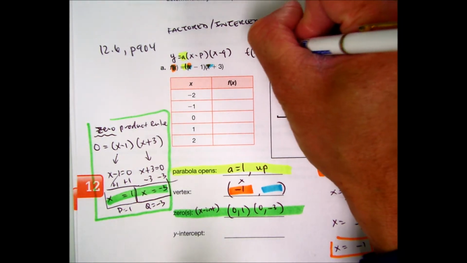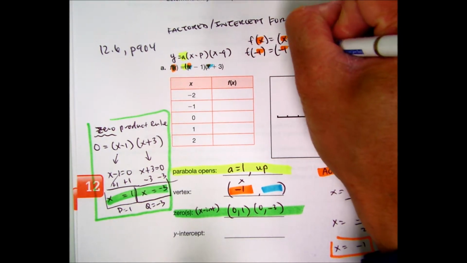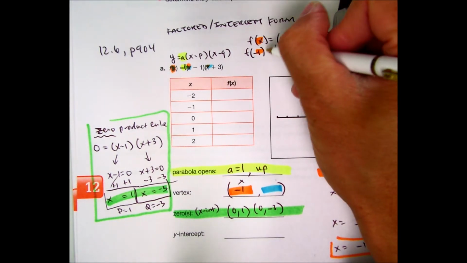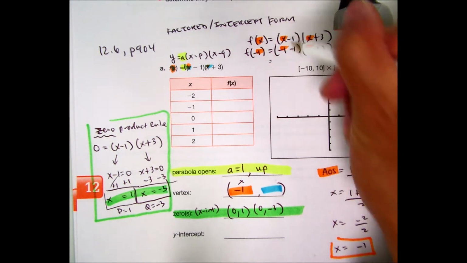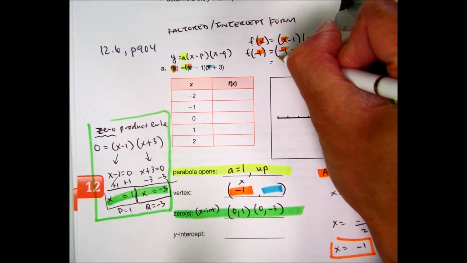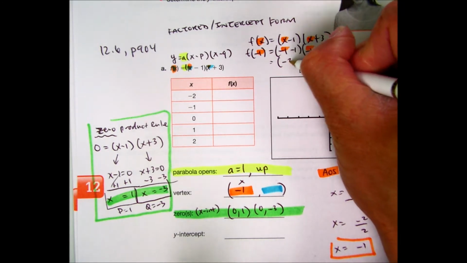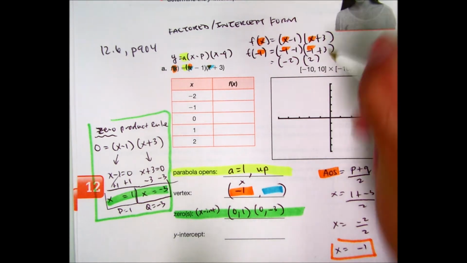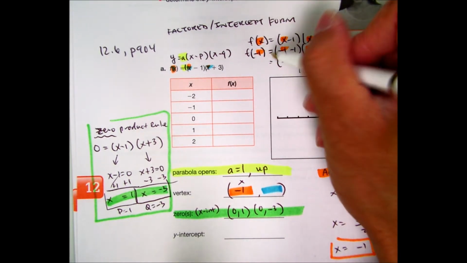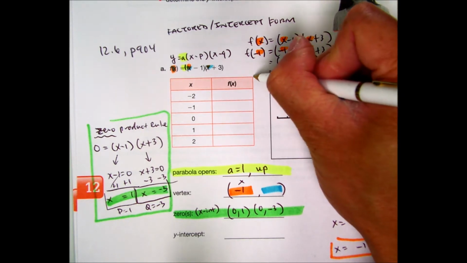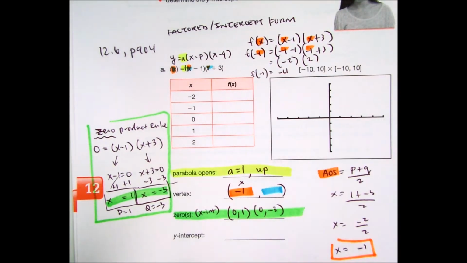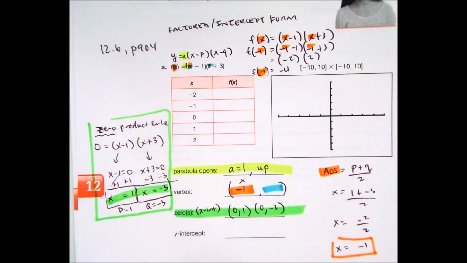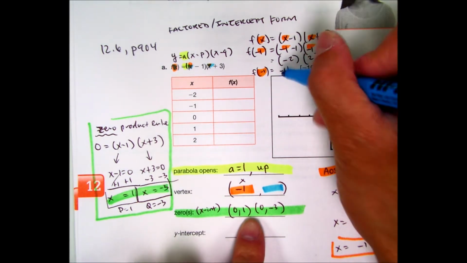So f of -1 equals -1 minus 1, -1 plus 3. And I just go about simplifying this. Class, -1 minus 1. So that's going to be -2. And -1 plus 3 is +2. And then -2 times 2. So I'm going to have f of -1 equals -4. When my orange value was -1, my output was -4.